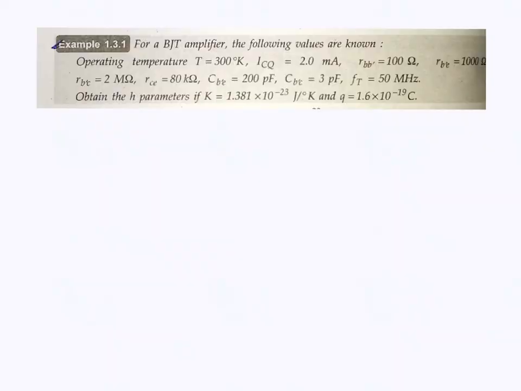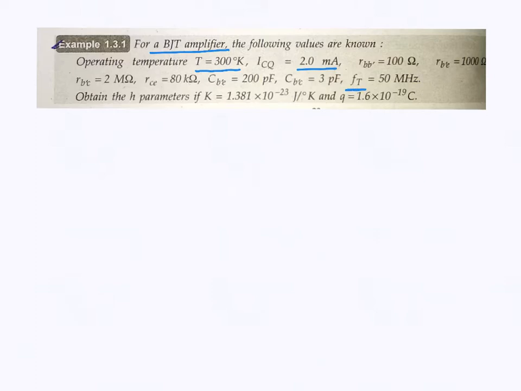So this is the problem he has given. If we go through the problem, he has given a BJT amplifier with the following values: temperature 300 Kelvin, operating current Ic equal to 2 milliamperes, Rbb' 100 ohm, Rb'e 1000 ohm, Rb'c 2 mega ohm, Rc 80 kilo ohm, Cb'e 200 picofarads, Cb'c 3 picofarads, and fT is 500 megahertz.